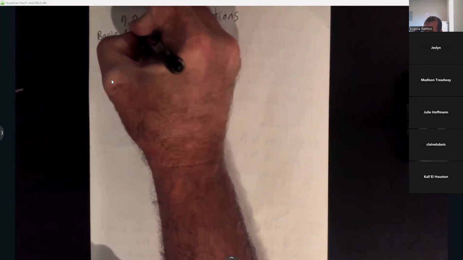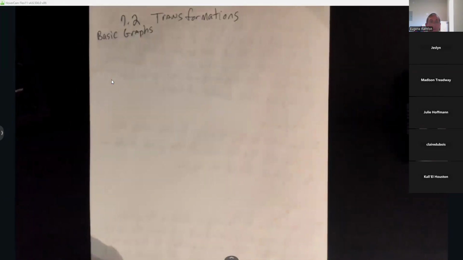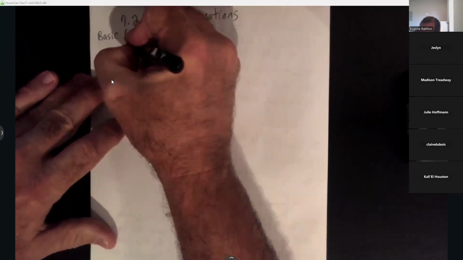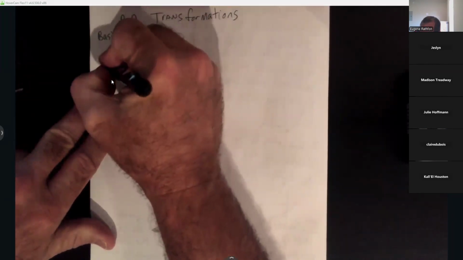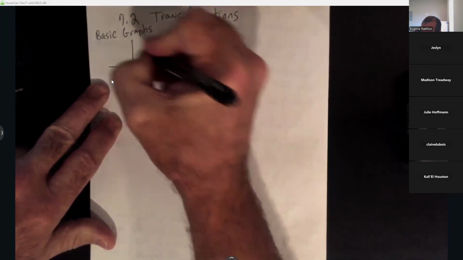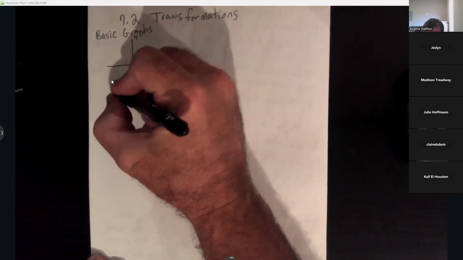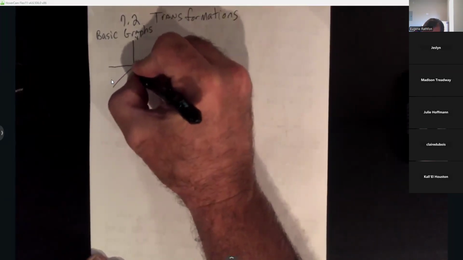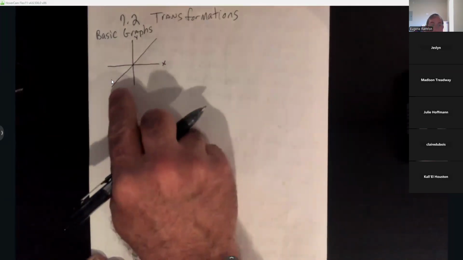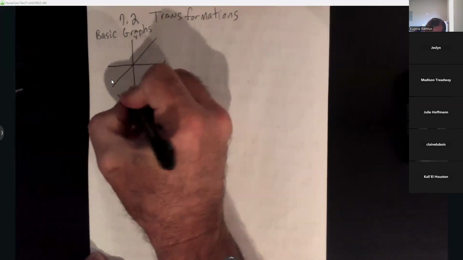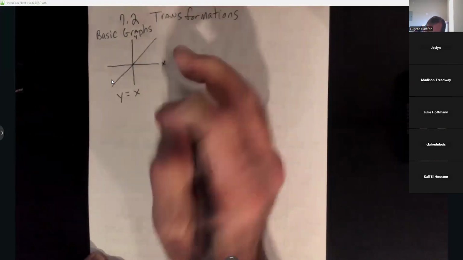let's draw our basic graphs. So like I said, there's going to be 7 of them. So the first one looks like a straight line coming through the center. So this uphill straight line is the graph of y equals x.